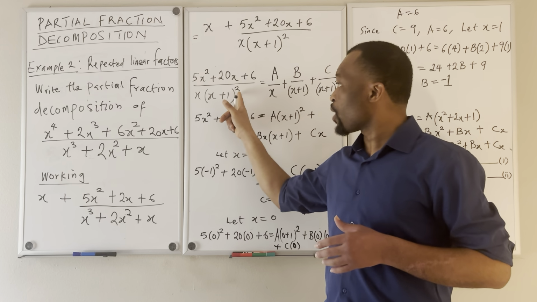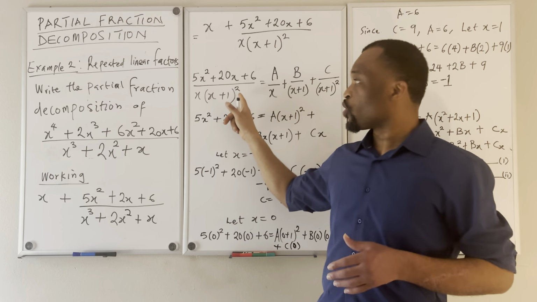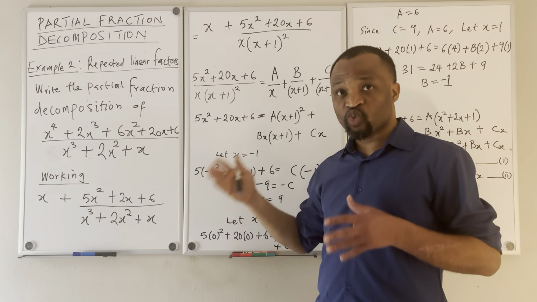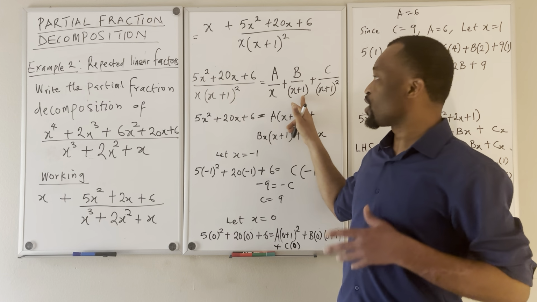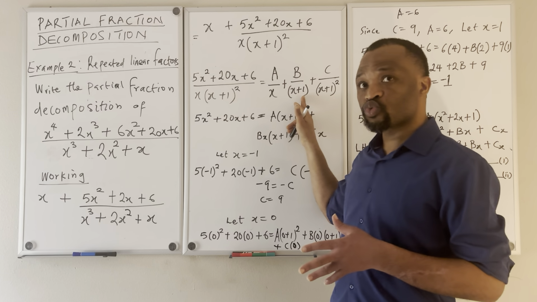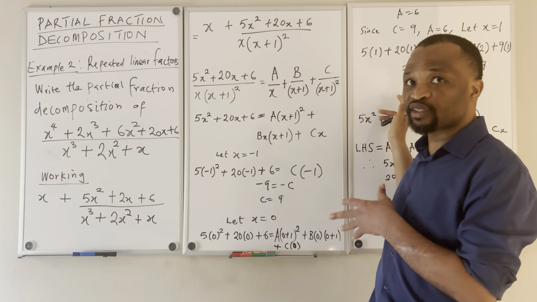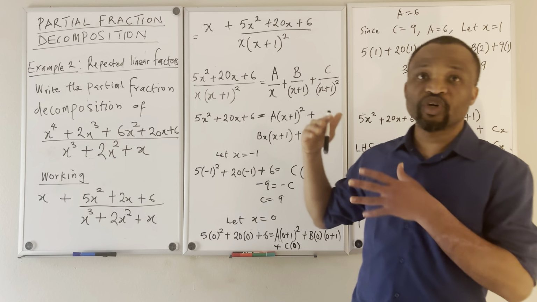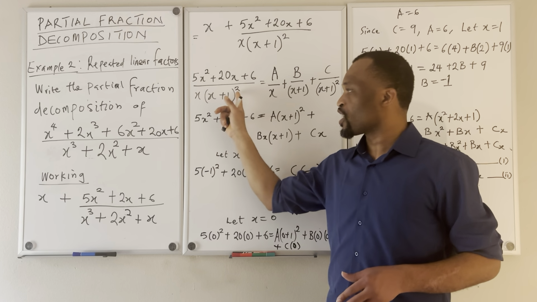If the highest power were n, what we have would be x plus 1, the next one will be x plus 2, the next factor will be x plus 3. We'll keep going on and on like that, till we get to x plus 1 raised to the power n. But in this case, the highest power here is just 2.